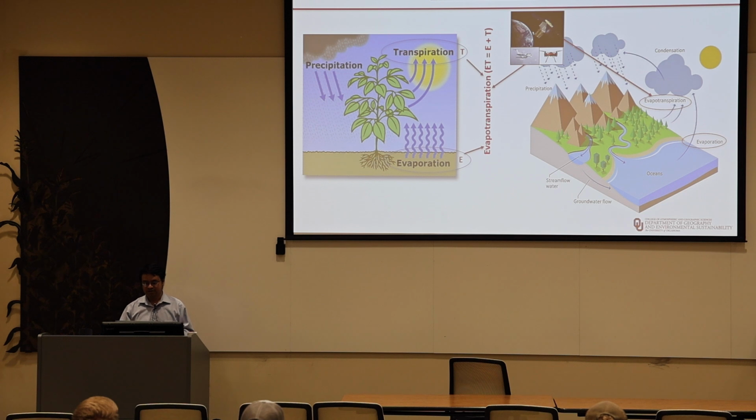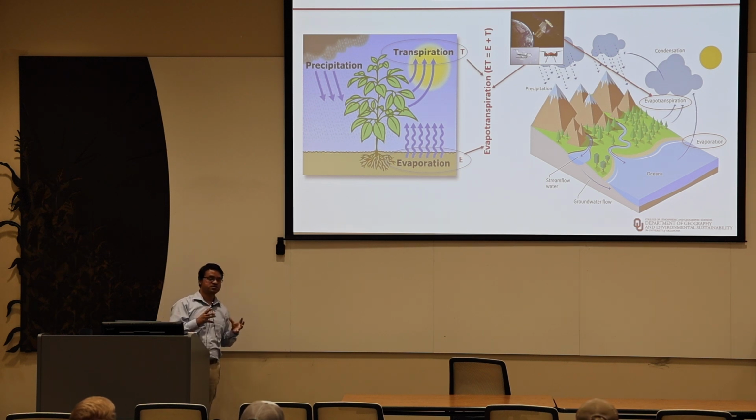And evapotranspiration is also the connecting link between the Earth's energy, climate, and water cycle. So this is the water cycle. You probably have seen this figure multiple times. Evaporation is the process where water from the Earth, as water vapor, is transported to the atmosphere.